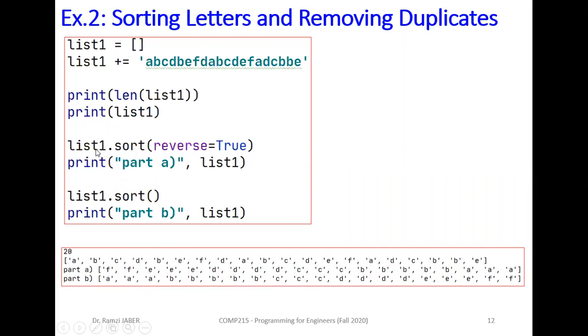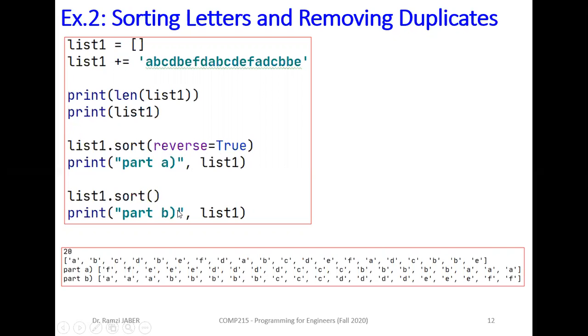So using the method dot sort, reverse equal True, descending order. If we want ascending order, just write list1 dot sort without anything inside it.